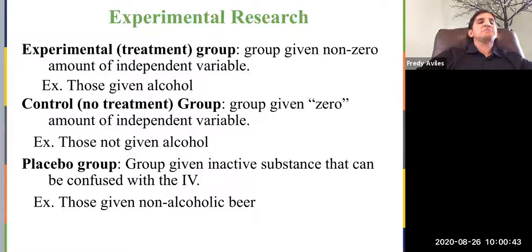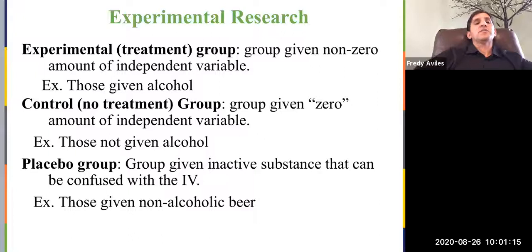They get something that doesn't really have alcohol in it. Might taste like alcohol, look like alcohol, maybe even smell like alcohol, but it's not alcohol. Okay? The placebo group, they get something that's fake, something that's phony. And if alcohol really does increase aggressive behavior, what you should find is that your experimental group, those that got alcohol, should be more aggressive than those that did not get alcohol.